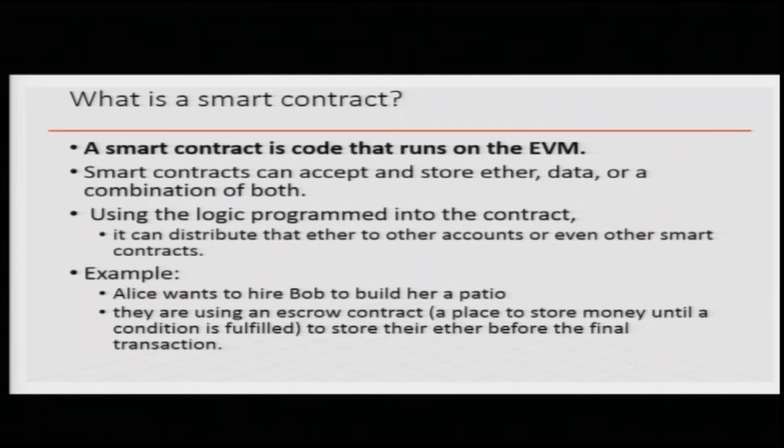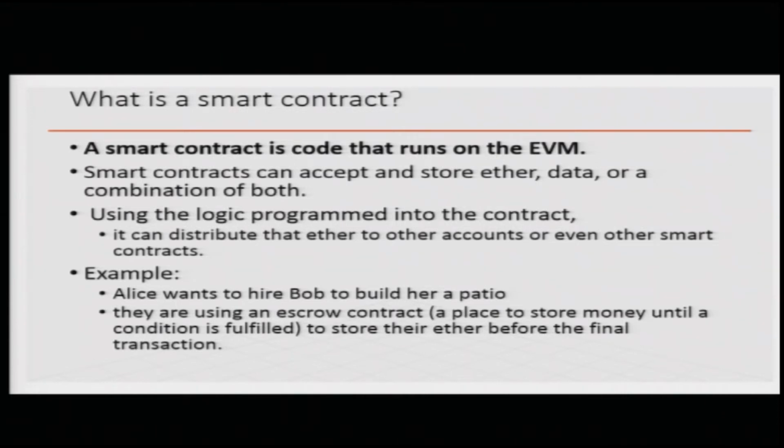So we were talking about this example last time. Here Alice wants to hire Bob to build her patio, and Alice doesn't want to pay upfront in case Bob fails to do the work to her satisfaction. So they create an escrow account, which is basically a smart contract, in which they both store an equal amount of Ether.